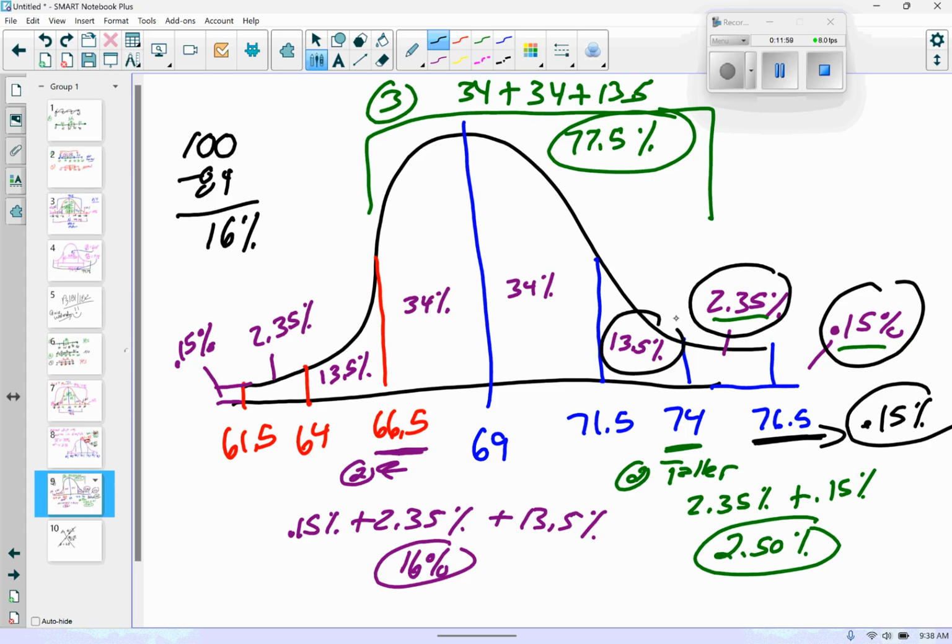If I add 0.15 plus 2.35 plus 13.5, these three numbers together get me 16%, which means when you make that correction to 84%, 16 plus 84 is 100%. So if this person is taller than 84% of the other males, he is 71.5 inches tall. So you have to work backwards. I apologize that we kind of goofed that up.